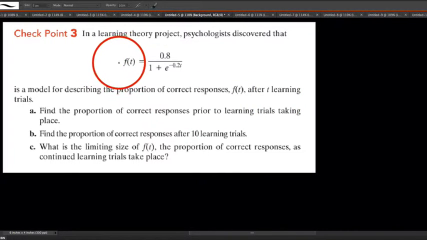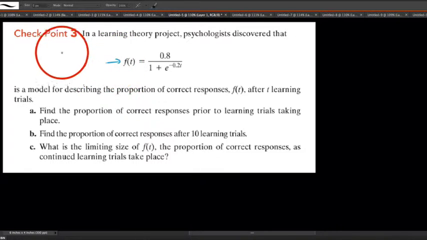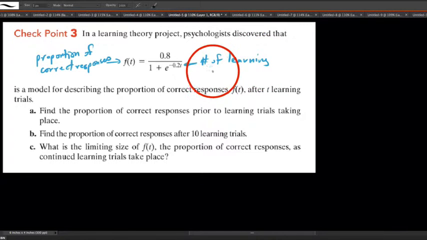We're going to label a few things here. We start by labeling what f of t represents, which is the proportion of correct responses on this assessment. And t is the number of learning trials. It's important that we recognize this: number of learning trials.